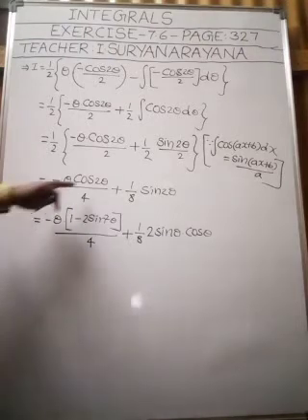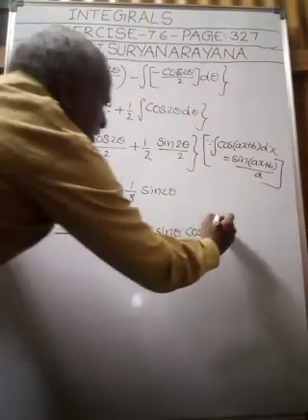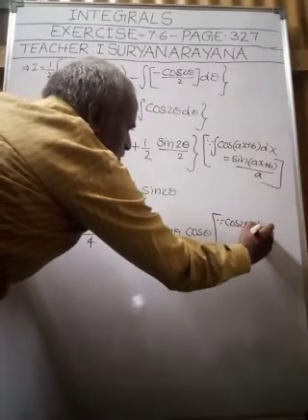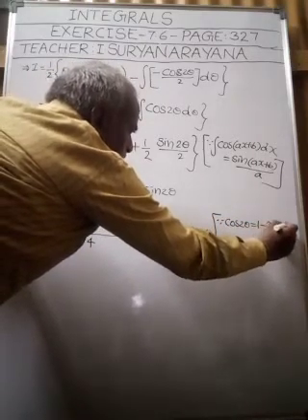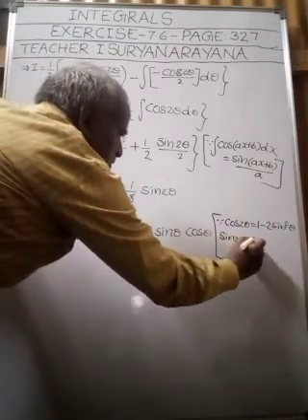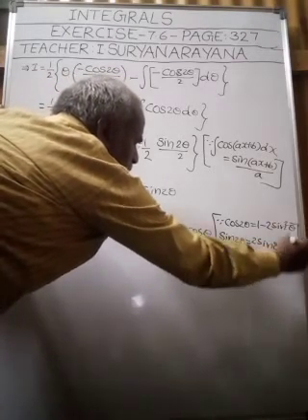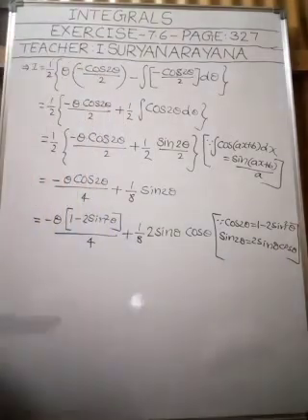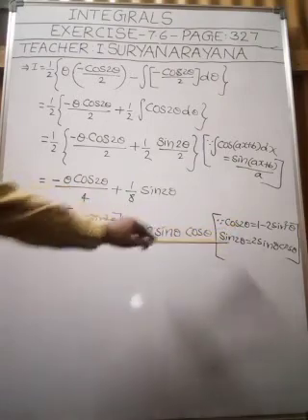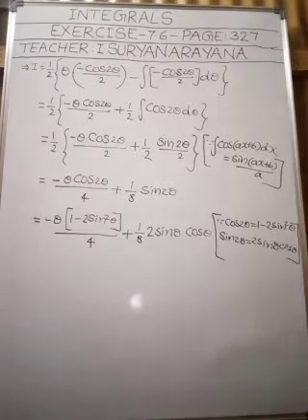Cos 2 theta is written as 1 minus 2 sin square theta because cos 2 theta is equal to 1 minus 2 sin square theta and sin 2 theta is equal to 2 sin theta cos theta. These are said to be multiple angle formulae. By using these two formulae, we wrote this step. Okay, my children, understood this step? Right.